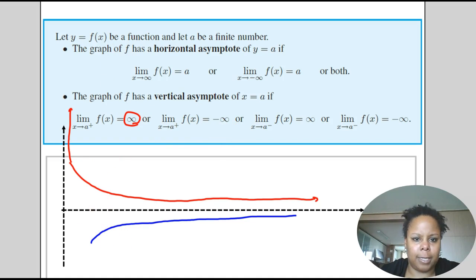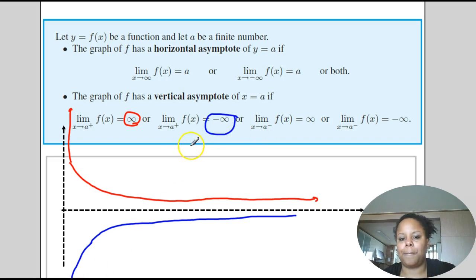Or in this case, the y value here for logarithmic functions is going to negative infinity. Okay. The difference between horizontal and vertical is that vertical asymptotes always have as their limits either infinity or negative infinity, and horizontal asymptotes always have as their limit a number that is not infinity or negative infinity.